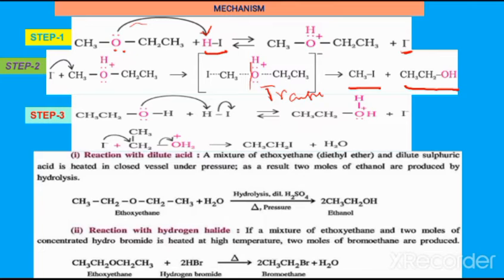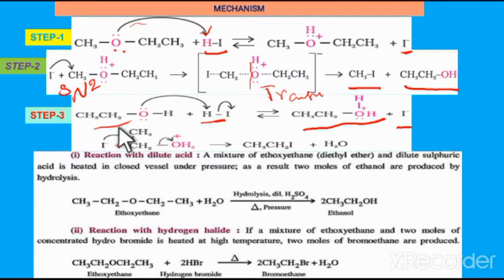This proceeds according to the SN2 mechanism, a bimolecular nucleophilic substitution reaction. In the third step, the ethanol treated with hydrogen iodide forms an oxonium ion and an iodide ion.